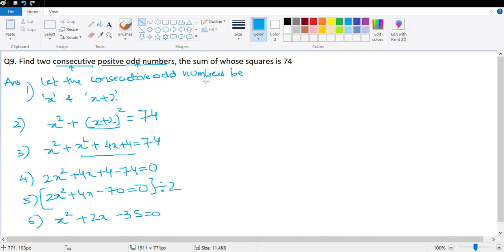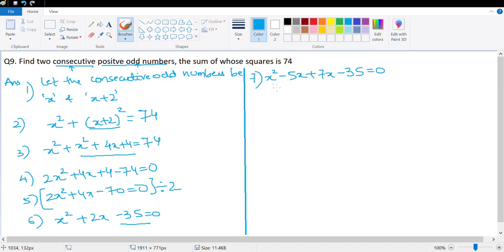Again, this one is fairly simple. We need to find factors of negative 35, the sum of which should be plus 2, which means 5 and 7. So since the sum has to be positive, the 7 is the bigger number. So this is x square minus 5x plus 7x minus 35 is equal to 0.